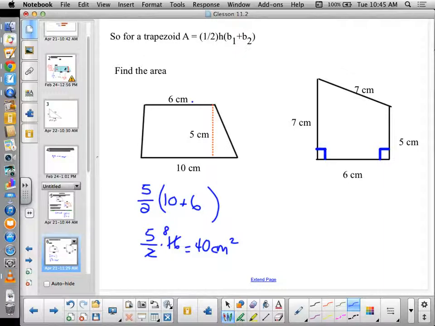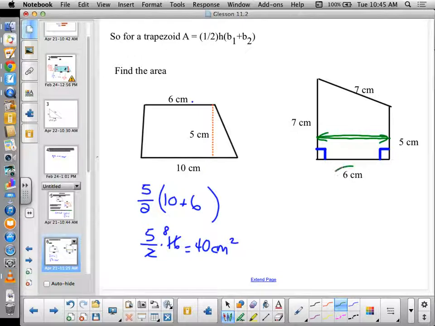Here, which side is the height? 6 is the height. Okay? The height is the perpendicular distance between the parallel sides. And the side happens to be at a right angle with both.